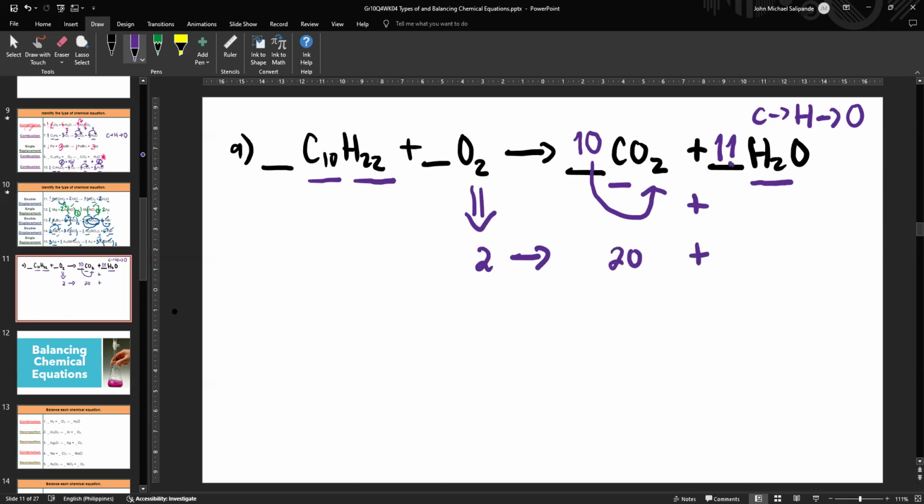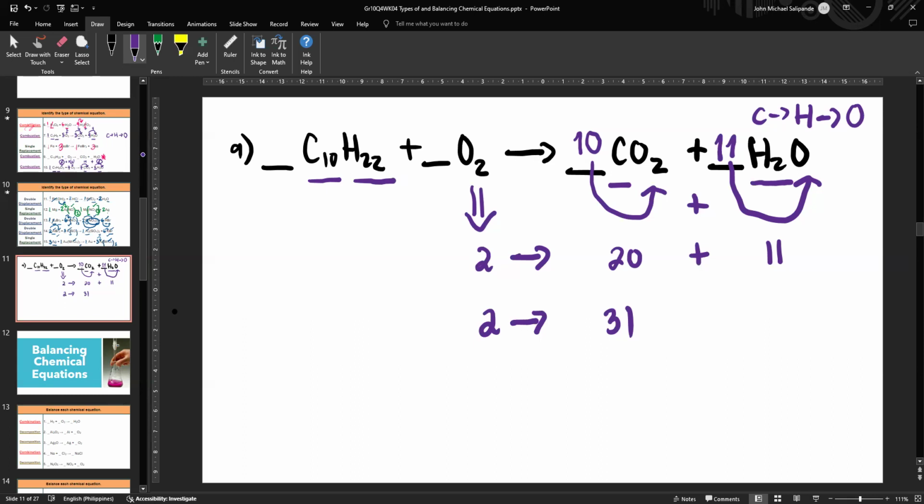Plus, you have 11 times 1 equals 11 oxygen atoms with 11 H2O. So let's just simplify all the values on the product side. There are 2 oxygen atoms on the reactant side, and there are 20 plus 11 or 31 oxygen atoms in the product side. So as you can see, oxygen atoms are unbalanced because there are only 2 on the reactant side and there are 31 on the product side.